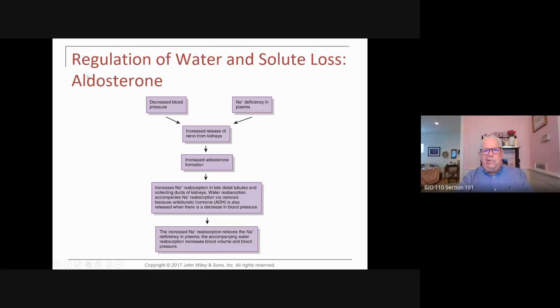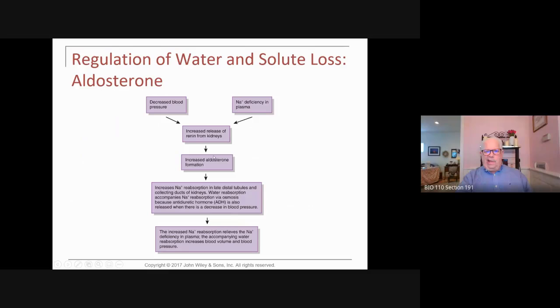Aldosterone. Aldosterone is made in the cortex of the adrenal gland. You have decreased blood pressure, decreased sodium in your body. It starts the renin, angiotensin, aldosterone system.